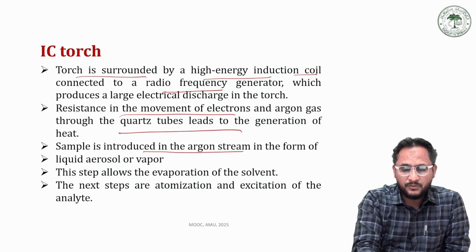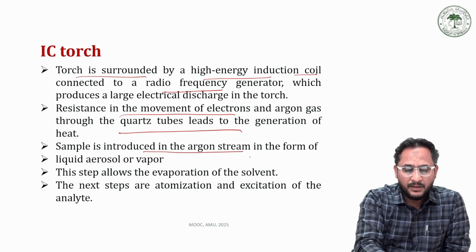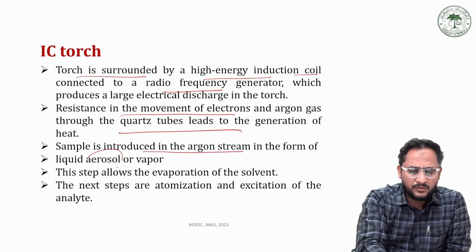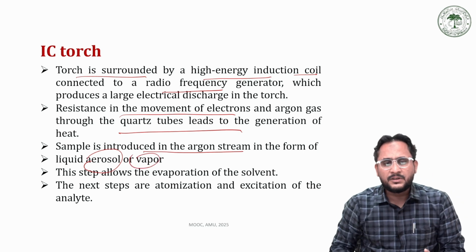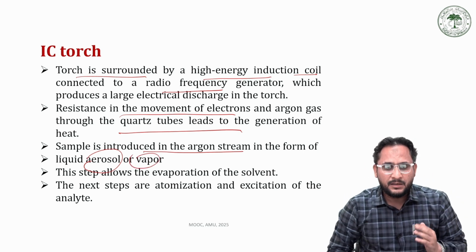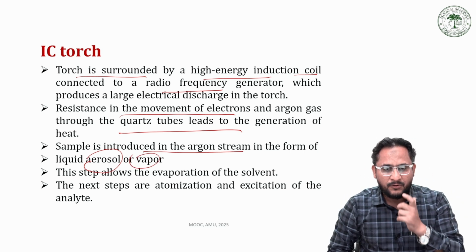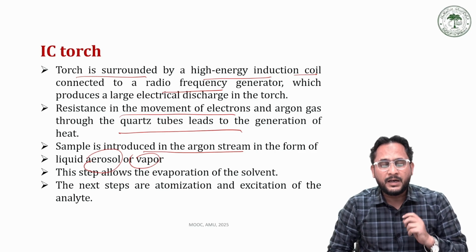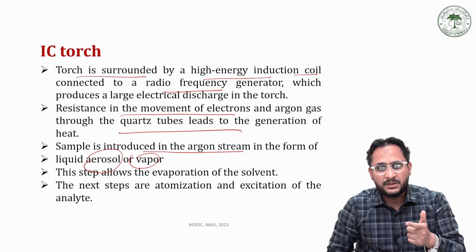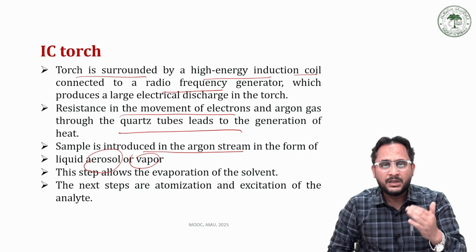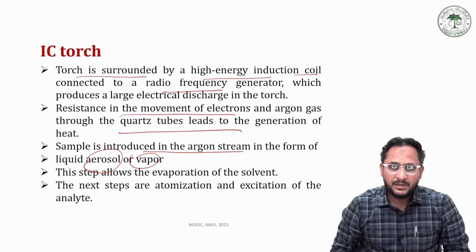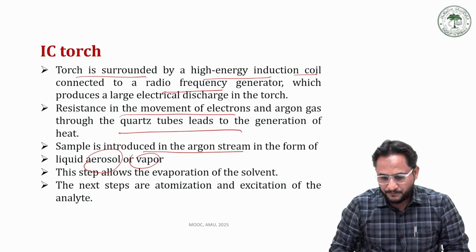The sample is introduced in the argon stream in the form of mostly liquid aerosol or vapor, but most of the time we prefer liquid aerosol, and it enters from the innermost tube, and at a distance of 3 centimeter where the zone is transparent, we do the analysis by creating an emission spectrum.